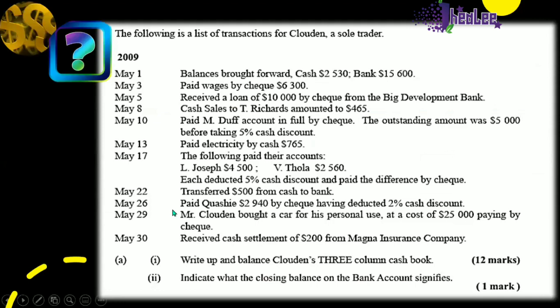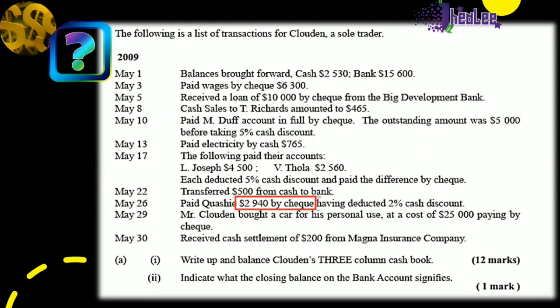And that is paid quotient $2,940 by check, having deducted 2% cash discount. And we're going to take a little time on this one because guess what? It is saying that we paid $2,940 by check. This was written on the check.